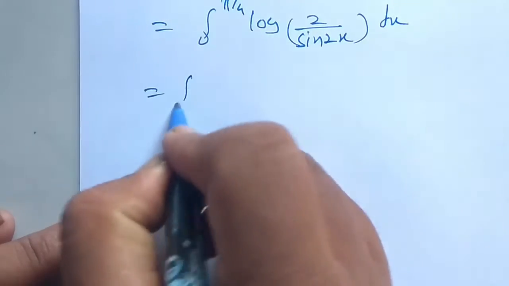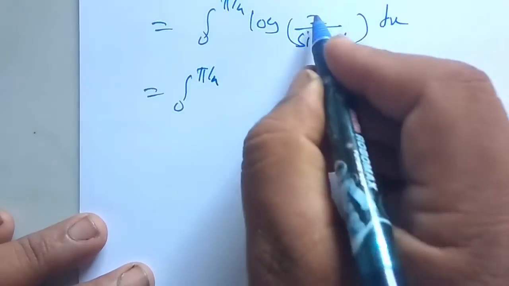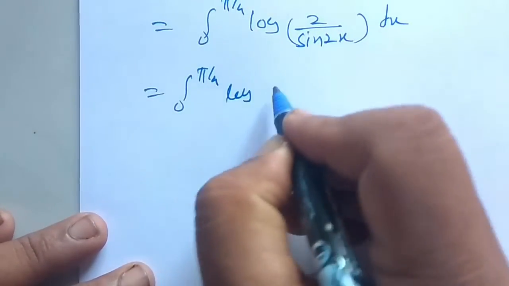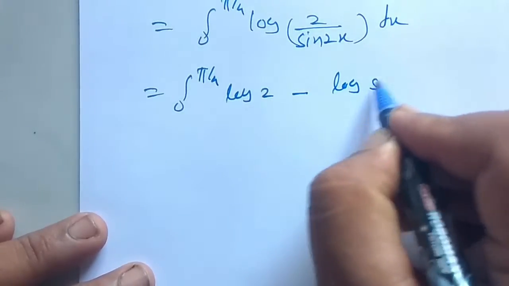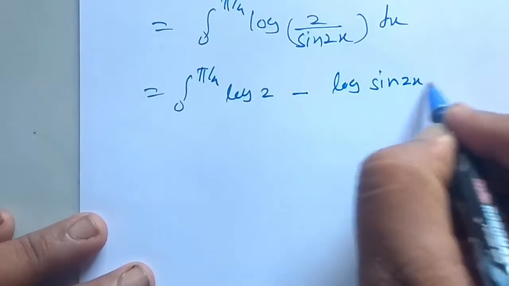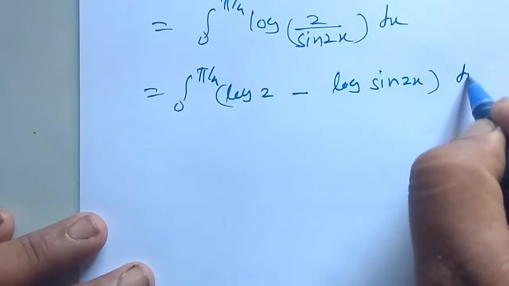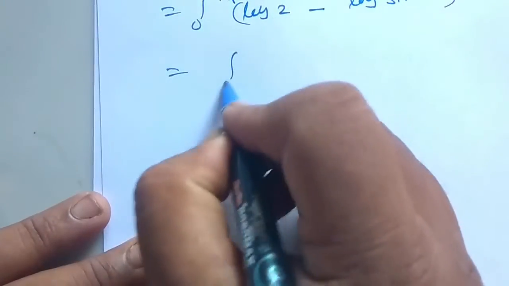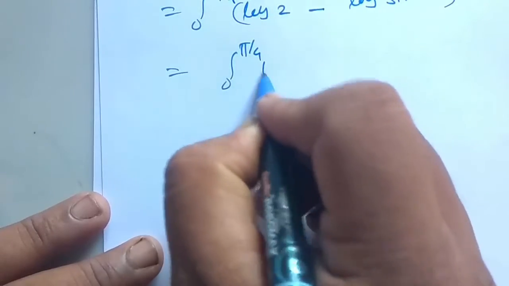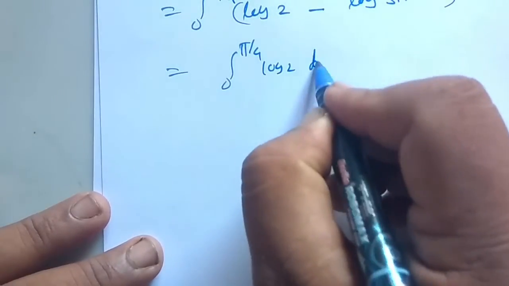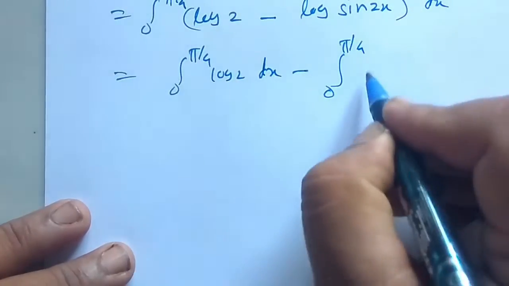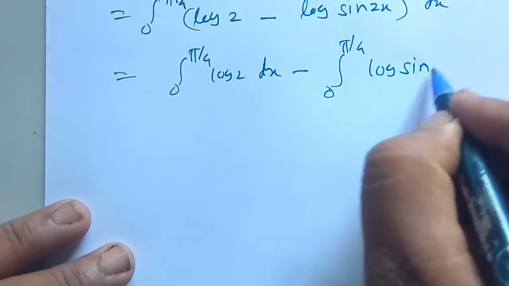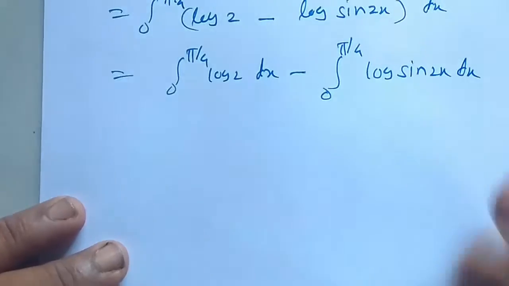So this is equal to integral 0 to pi by 4 log of m upon n, which is log of m minus log n, minus log of sin of 2x dx. So this is equal to integral 0 to pi by 4 log of 2 dx minus integration 0 to pi by 4 log of sin of 2x dx.